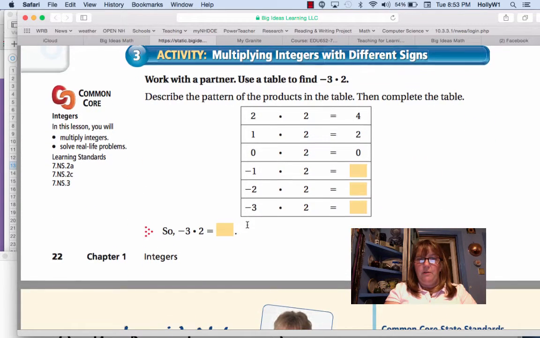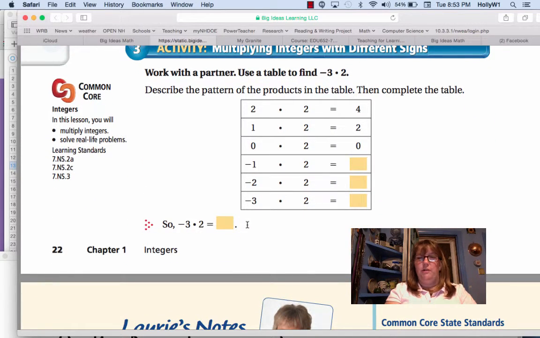So if we fill out this little chart here, 2 times 2 is 4, 1 times 2 is 2, 0 times 2 is 0, -1 times 2 is -2, -2 times 2 is -4, and -3 times 2 is -6.